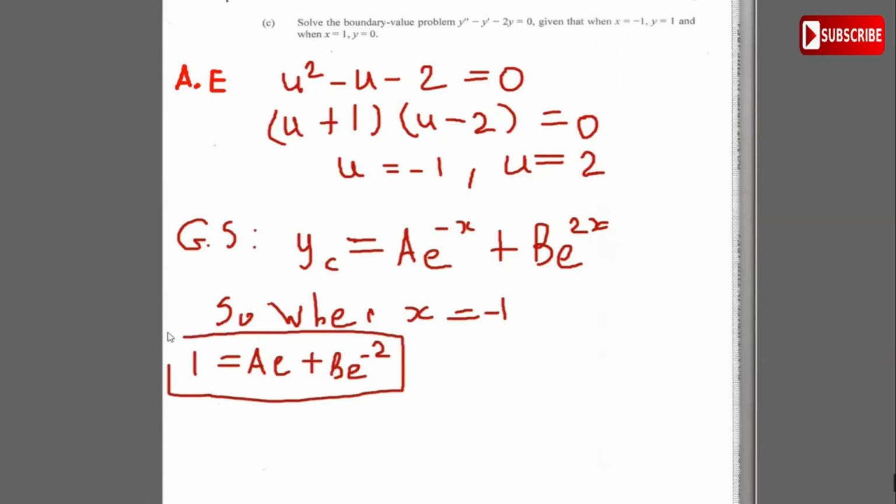That's one equation. Now when x is 1, we're going to get a different equation. When x is 1, y is 0. So you get 0 is equal to A e to the minus 1, putting x as 1, plus B e to the 2 times 1, which is 2.